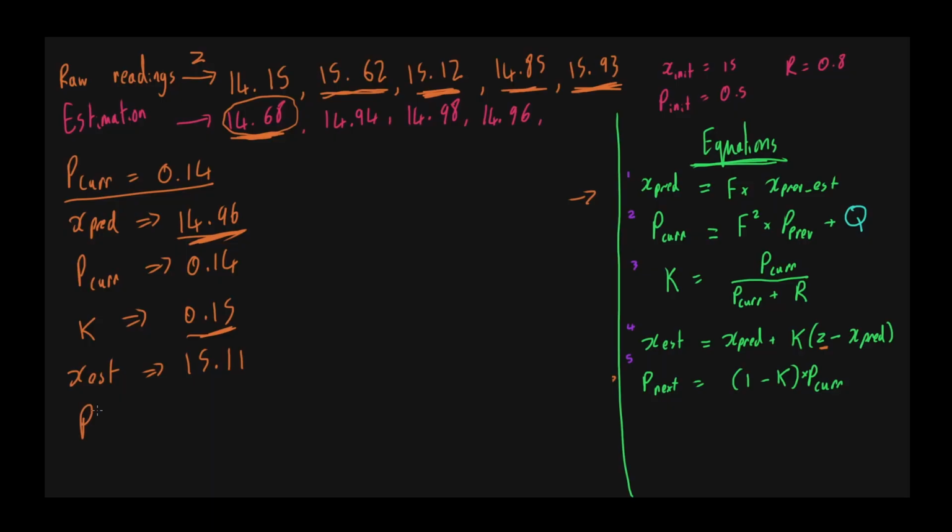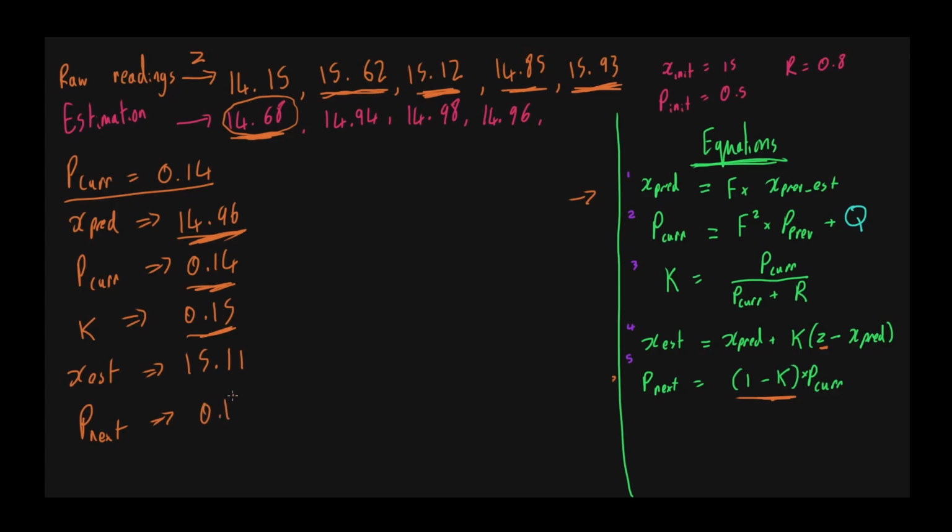And then finally, we have to do our next state error covariance, which is just, remember, 1 minus the Kalman gain times the P current. P current is calculated here.